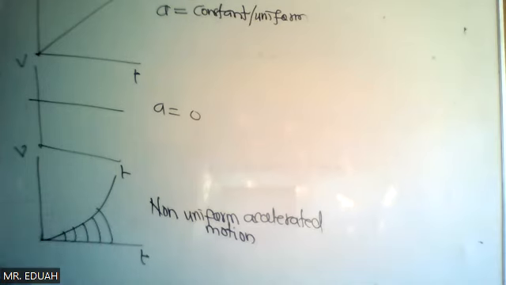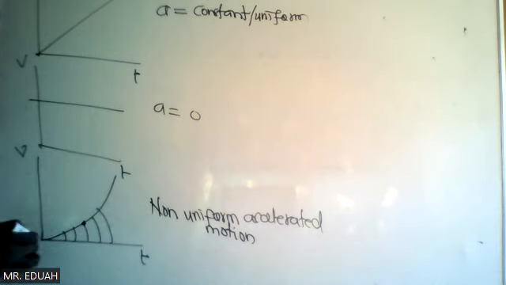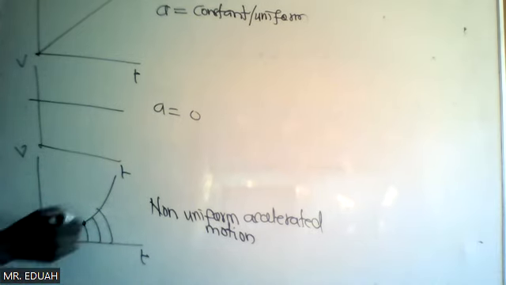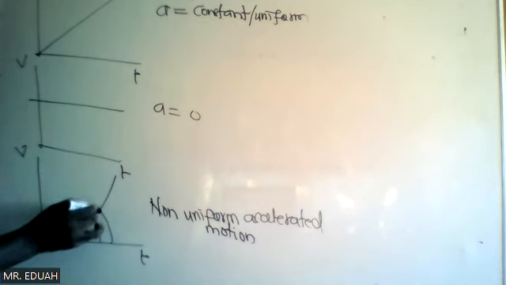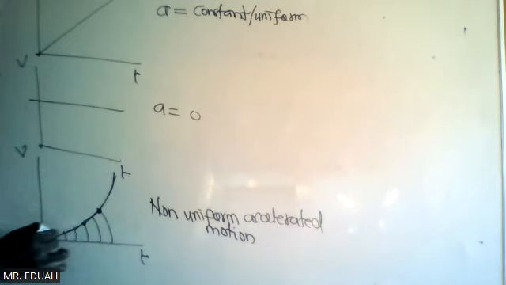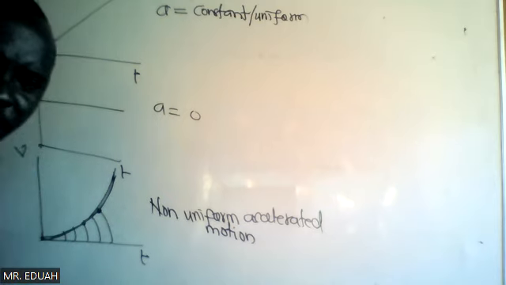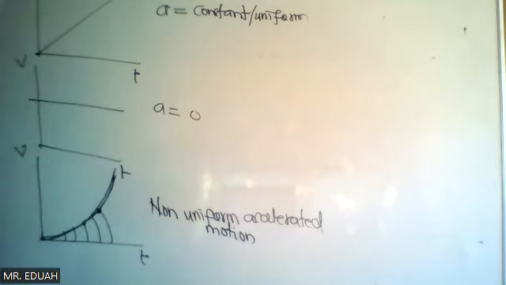So over here, it's a velocity time graph. For a velocity time graph, each slope is equal to acceleration. So over here, we can only find the instantaneous acceleration.